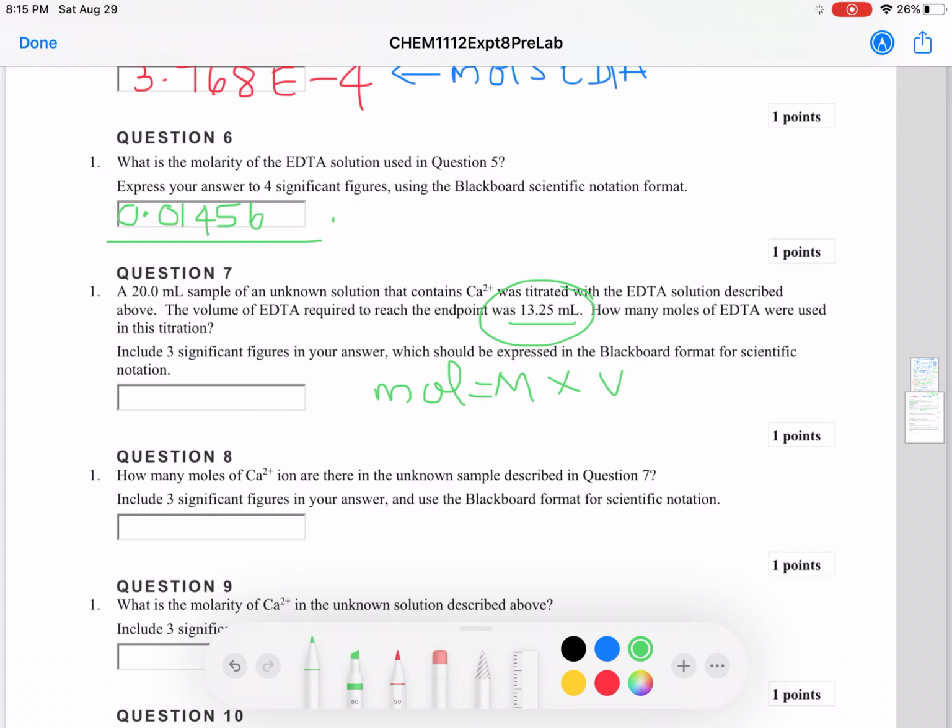You don't want me to. You are General Chemistry 2, right? Yeah, why should I? But anyway, let me do it here in case you have trouble. 0.01456 moles per liter, and then you do 0.01325. I convert it to liters.